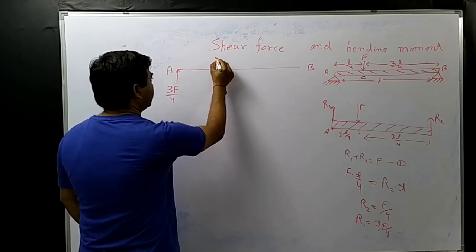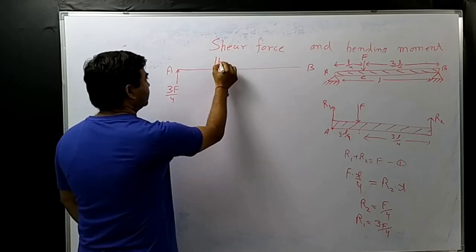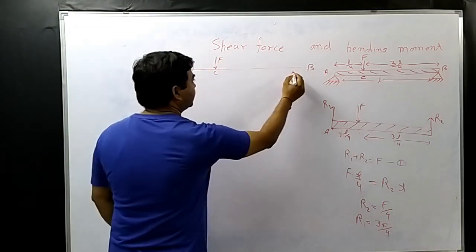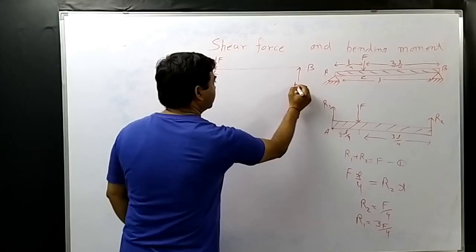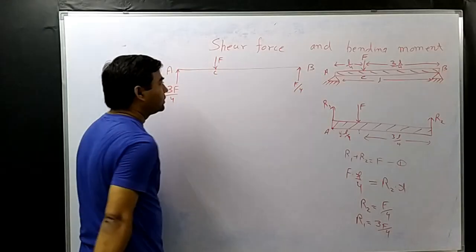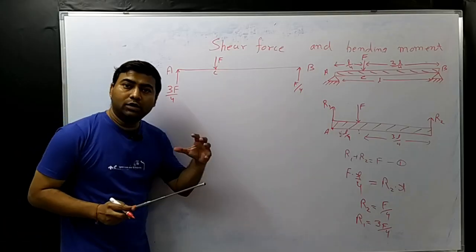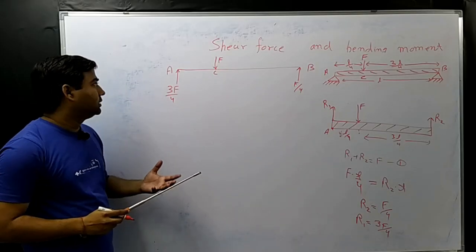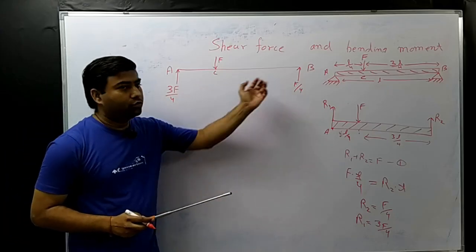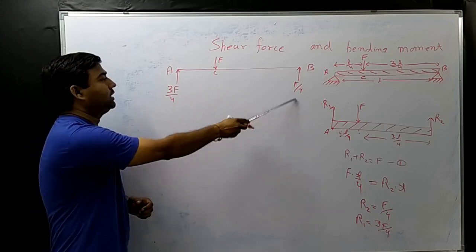At this point F is acting, this is point C. And at this point, reaction F by 4. So this is the free body diagram of the beam, showing all the external forces. These are the external forces: F, 3F by 4 and F by 4.